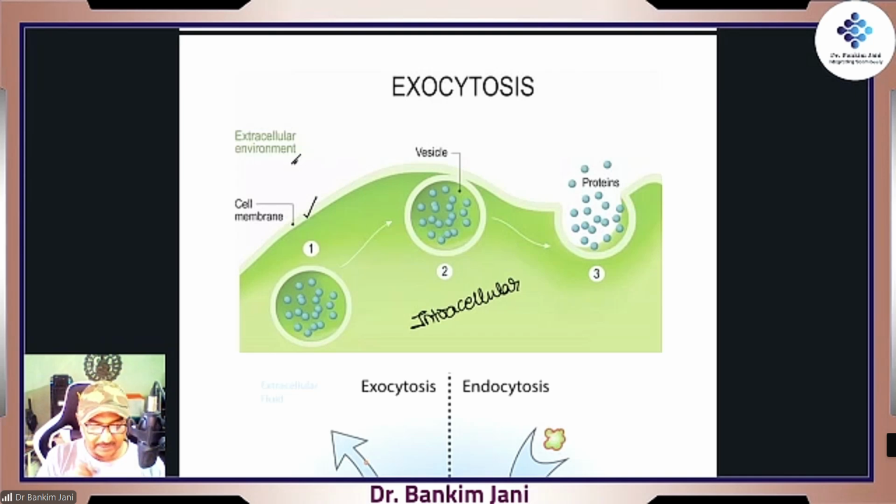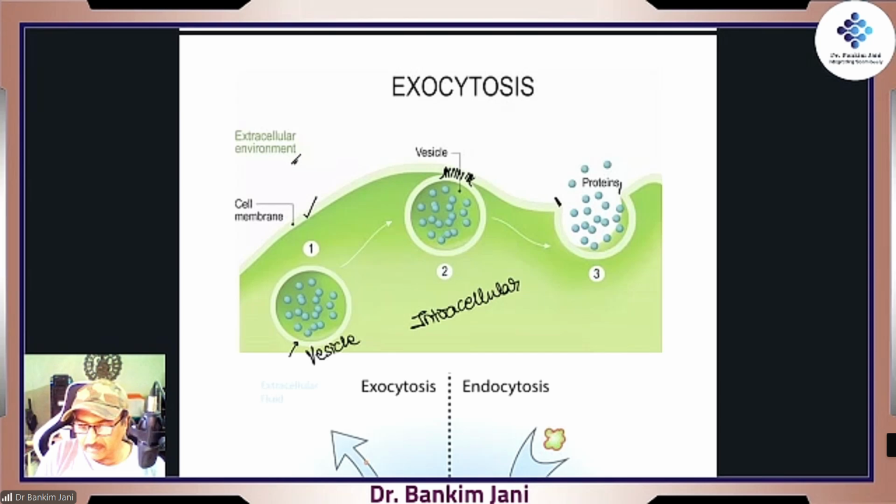All these secretions are in the form of a capsule, or a pouch, which is called the vesicle. So this vesicle approaches towards the surface. At the surface, their membranes meet and then they disintegrate.